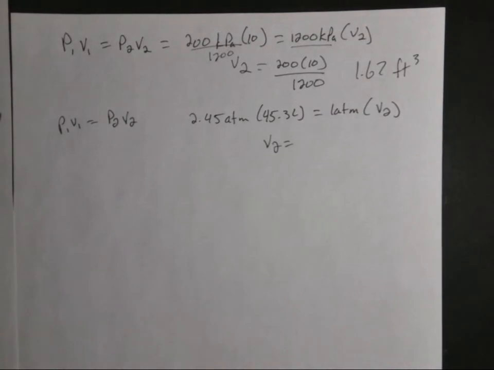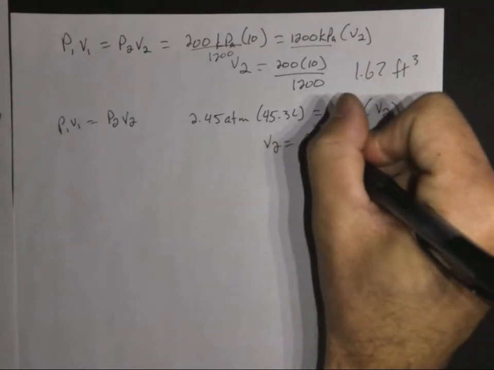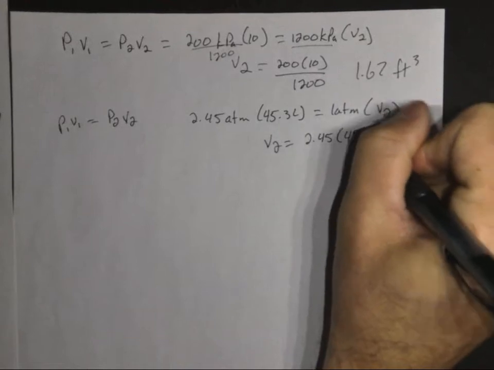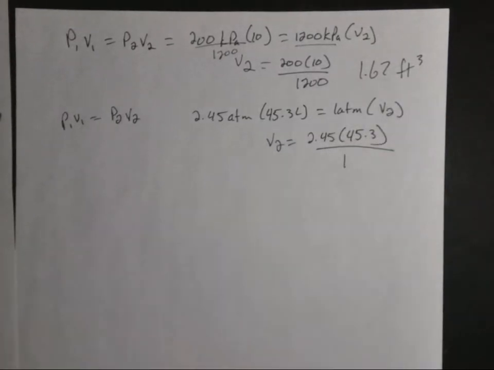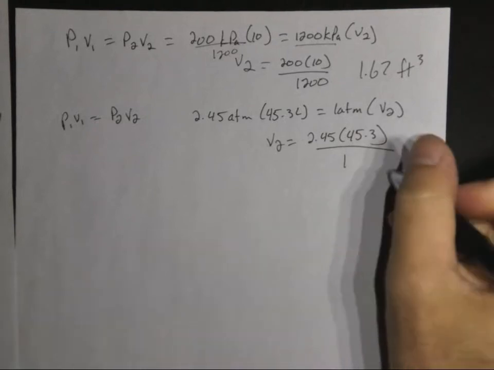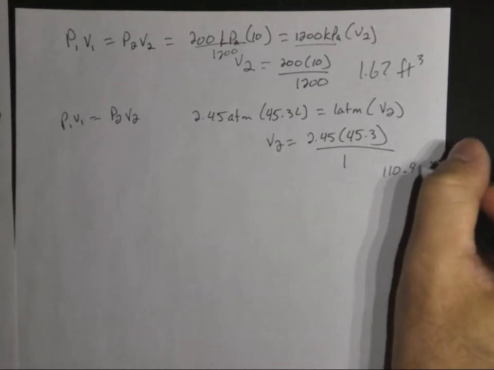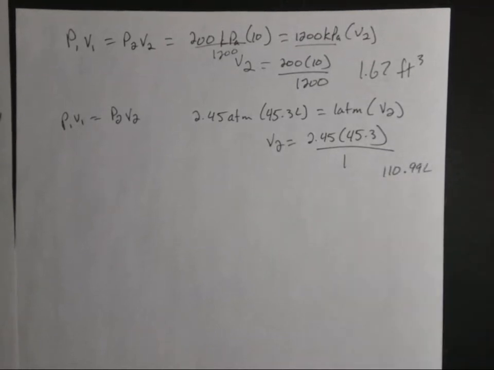V2 is going to equal 2.54 times 45.3 divided by 1. So we just simply do 2.54 times 45.3, and that gives us 110.99 liters. Because you're dividing by 1, so there's really nothing to divide by.